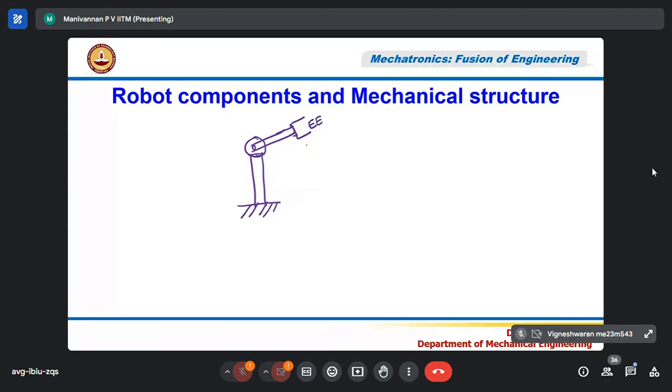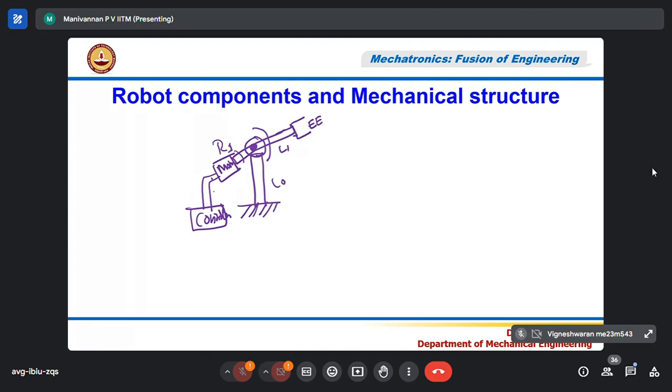This is a 2D, 1 degree of freedom planar robot. So this is L0, this is L1, this is R1. L0 is fixed. If R1 changes, that means I have a motor attached to it, and this is supplied with a voltage by a controller.